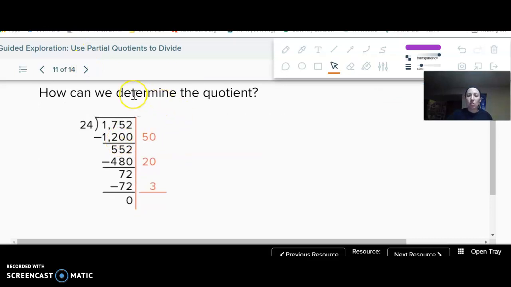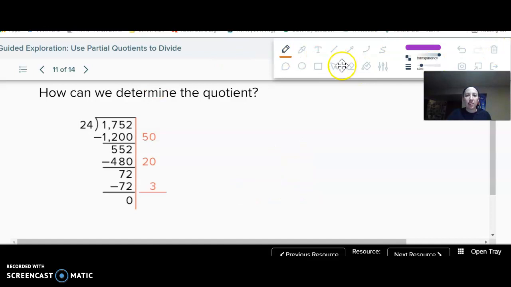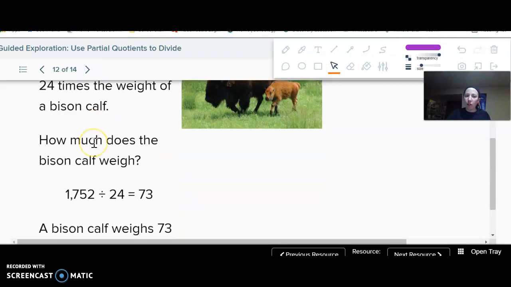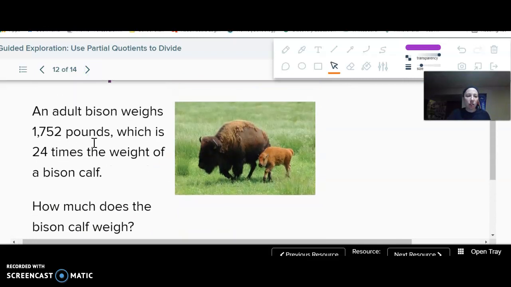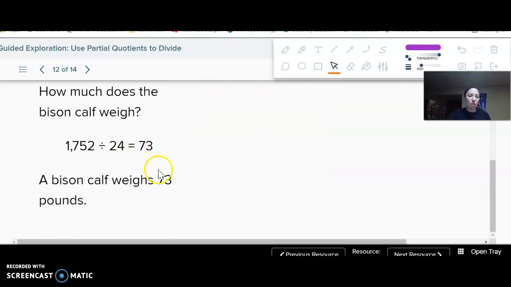So, how do we determine the quotient? Go ahead on your notes. Tell me. You add them. So, you add them together is the last blank in your notes. We'll do some practice. Don't worry, because I know that was quick and you might not be following. Hopefully you are, because like I said, it's very similar. So, if it's 24 times, the calf must weigh 73 pounds.